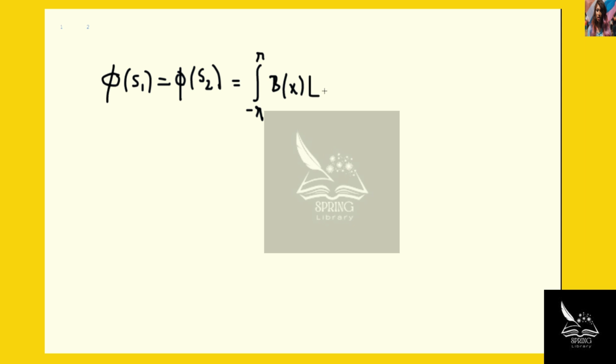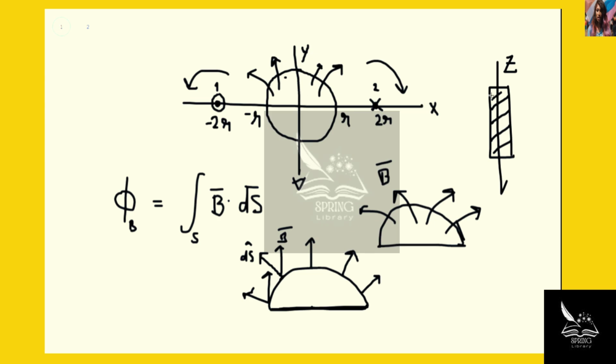L is the entire length, the height of the cylinder. The magnetic field keeps changing as we go further away from the wire. The magnetic field due to a wire is given as mu naught I over 2 pi x, where x is the radial distance from the wire.